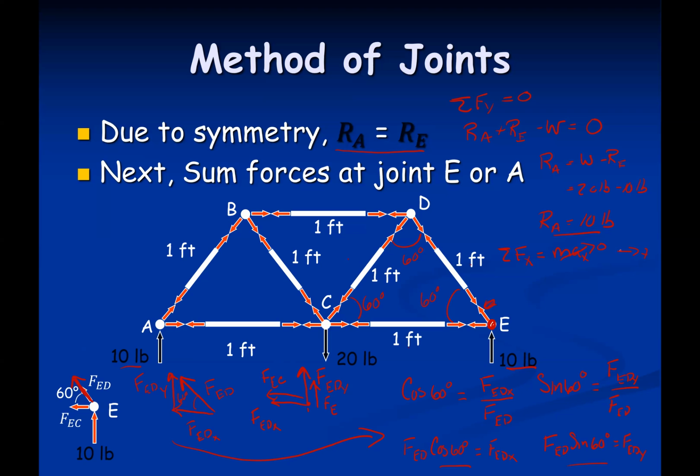Remember, to the right is positive, to the left is negative. So in the x direction, you have everything in the negative. You have negative FEC minus FEDX equals 0. So FEC equals negative FEDX.